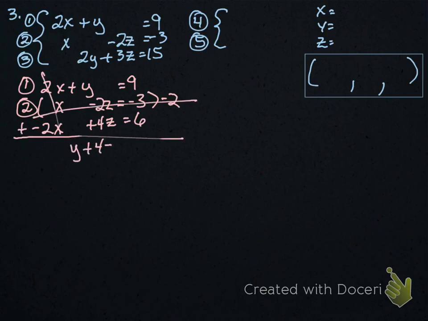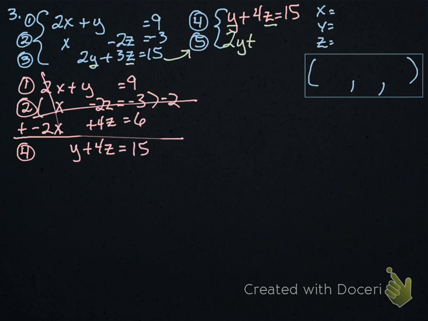I ended up with y plus 4z was 15 for my fourth equation. You'll notice that my equation 4 and my equation 3 have the same variables, so I use that for my equation 5.